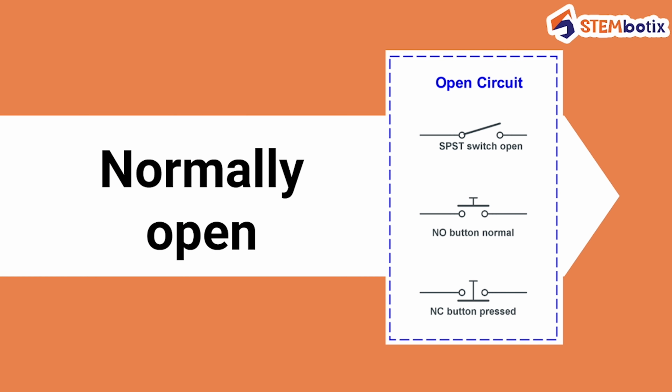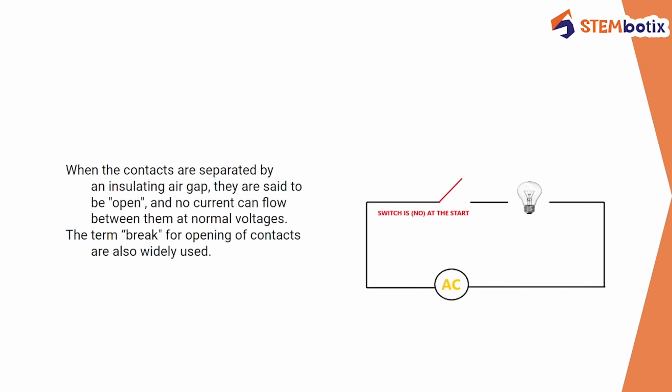First, let's see normally open, that is, what happens when the switch is in the normally open or NO state. So in the NO state, as the name itself suggests, it stays in normally open mode.